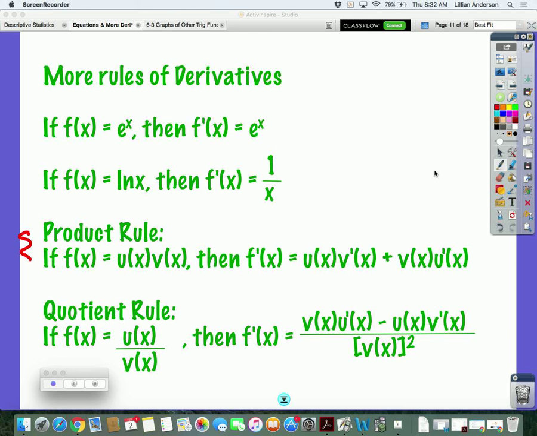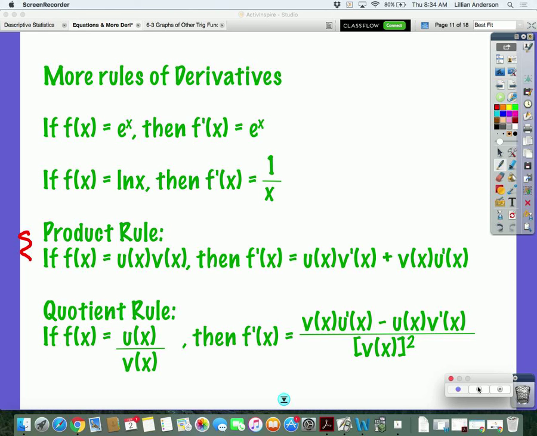Then the derivative of that function is u of x, the original first function, multiplied by the derivative of the second function, plus the original second function times the derivative of the first function. That is product rule. The more we do these, I'll probably shorten it and say first times the derivative of the second plus the second times the derivative of the first.